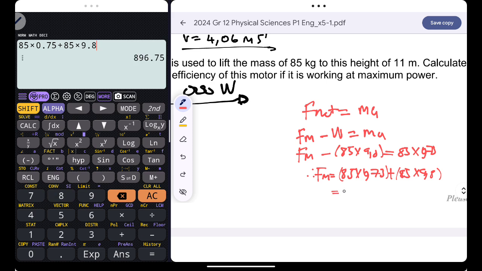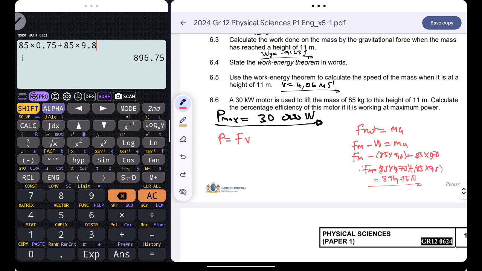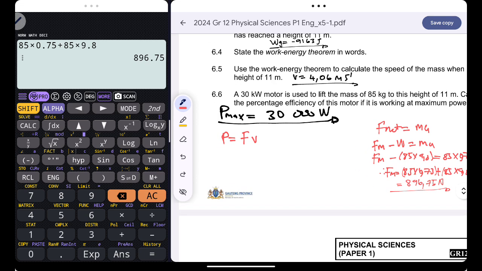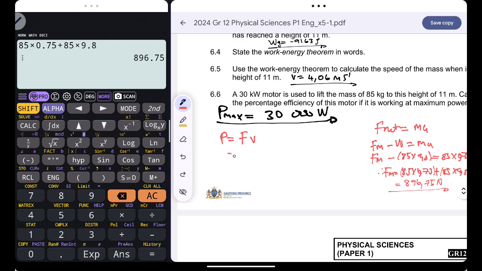This will just give us a force of 896.75 newtons. So this is the force that is applied by the motor. I just want to know whether the motor is working with its full potential power or not.